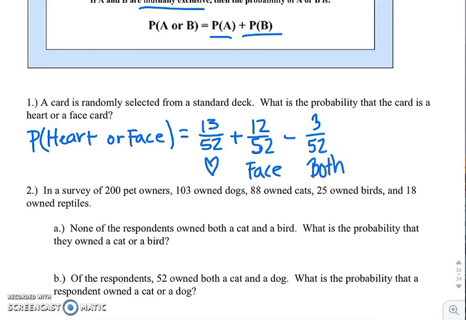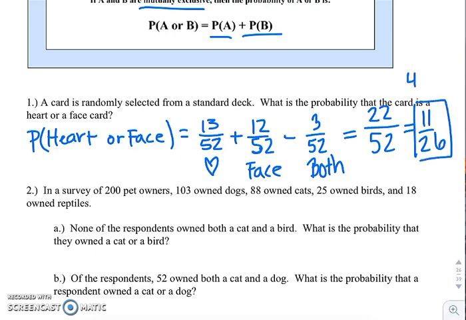So for fractions, we keep that denominator of 52 and say, what is 13 plus 12 minus 3? 13 plus 12 is 25, minus 3 is 22 out of 52. So this is going to be 11 out of 26, or you could divide and get 42.3%. Fraction or percent, either one is fine as your answer.